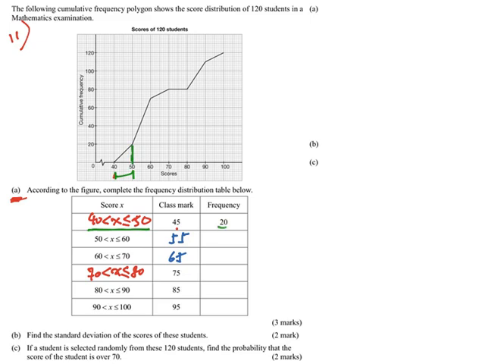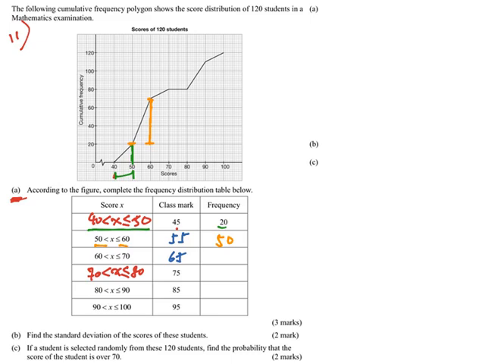And then next we'll see from 50 to 60. So you see it is 20, 40, and then this one is 10. So total for this one is 50.